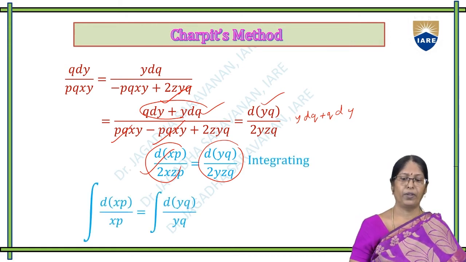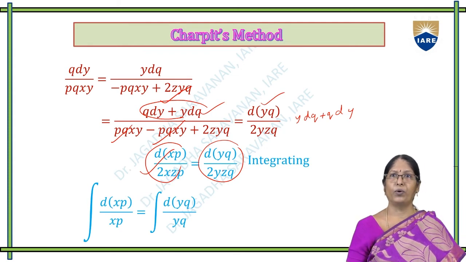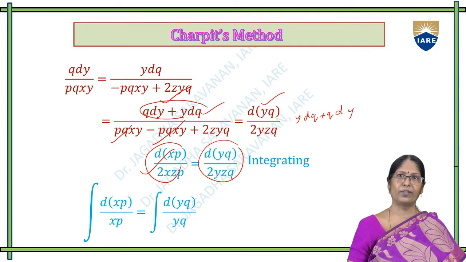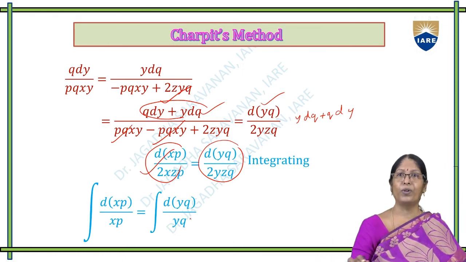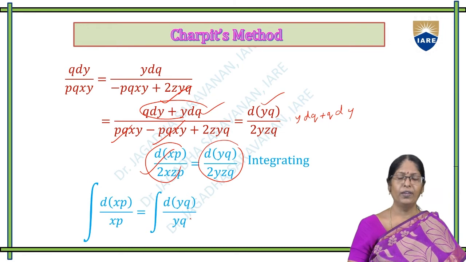Integrating, so both the sides we are going to integrate. These are all the assumptions we did. P, x, suddenly we introduced y and q. The main aim is that we want very easy integration. Now the integration is very easy.